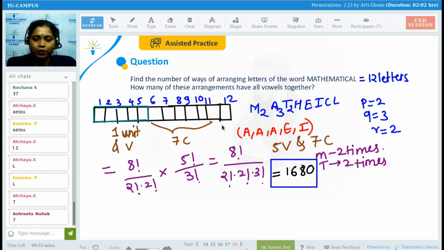The number of arrangements is 1680 in which vowels are together. Got the same? 8 into 7 into 6 into 5. Yes. So 1680 will be.